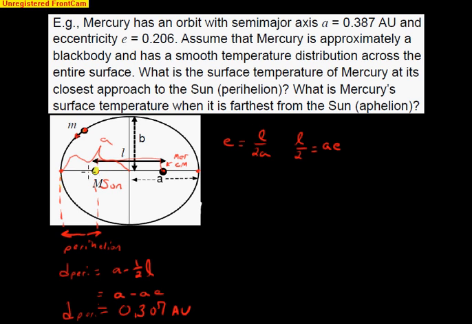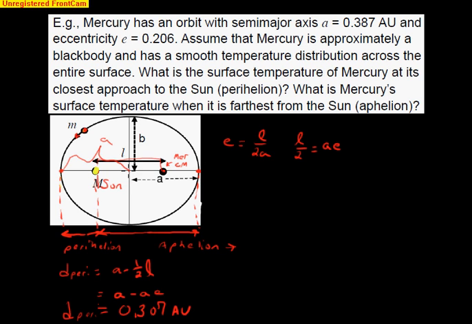Its furthest approach, right here. What is this distance, from the Sun all the way over here? This distance from here to here is the aphelion. And what does that equal?